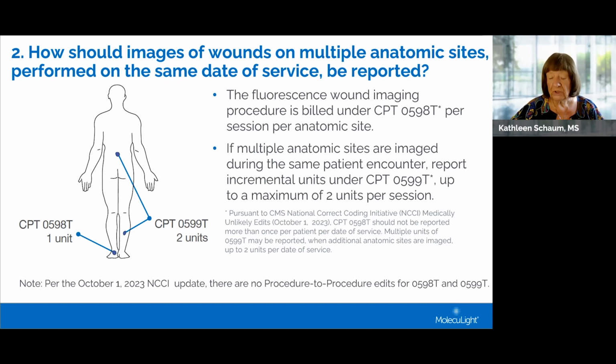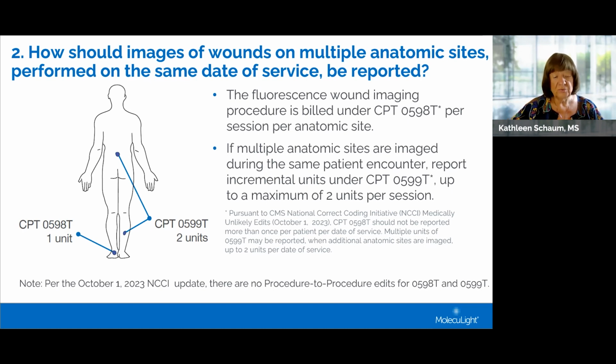If a patient requires imaging of additional anatomic sites during the same encounter, the MUEs allow payment for 2 units of CPT code 0599T on that date of service. For example, the patient depicted on this slide has 3 wounds on 3 different anatomic sites.